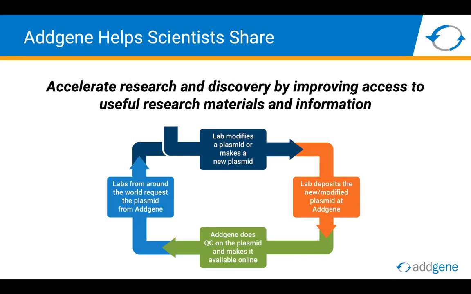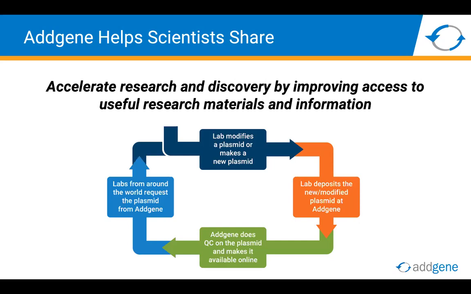And some of these researchers may make useful modifications to the original plasmids that they received through Addgene, and maybe they'll decide to deposit with Addgene to continue this cycle of sharing plasmids to advance science. So we save scientists time and money by taking care of the logistics of plasmid storage, quality control, and distribution.